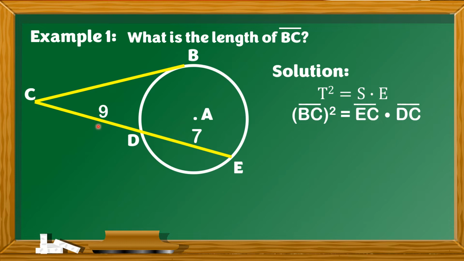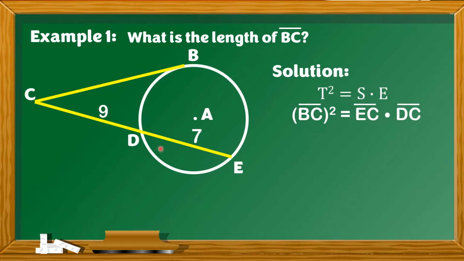After writing the mathematical expression, we're going to write the measurements of the line segments. Line segment BC is unknown; we're going to find its value.